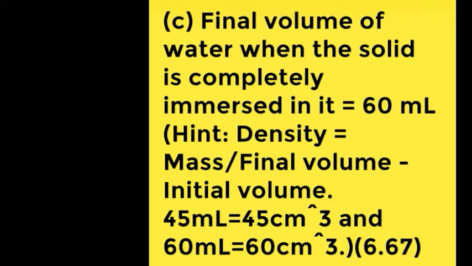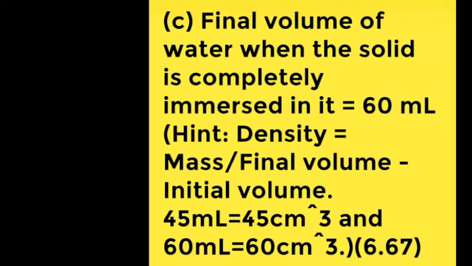So we know that density equals mass upon volume, but here there are two volumes, initial and final. Before the solid is immersed in water, that is the initial volume, 45 ml, and after the solid is completely immersed in water, the volume is 60 ml. So volume will be calculated as final volume minus initial volume, 60 minus 45.